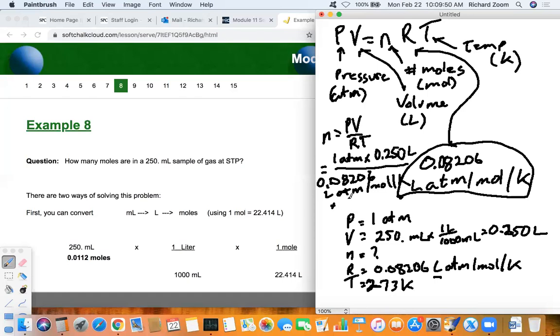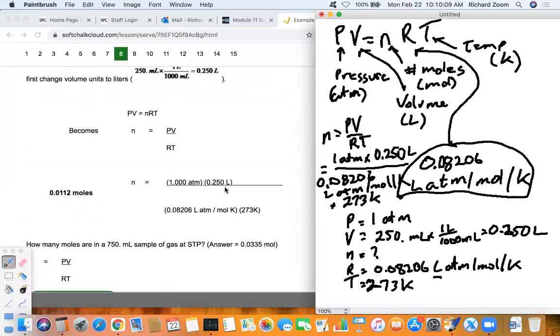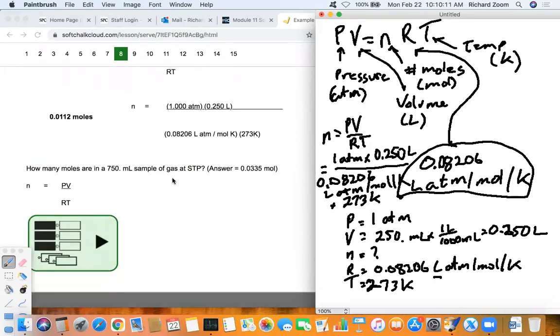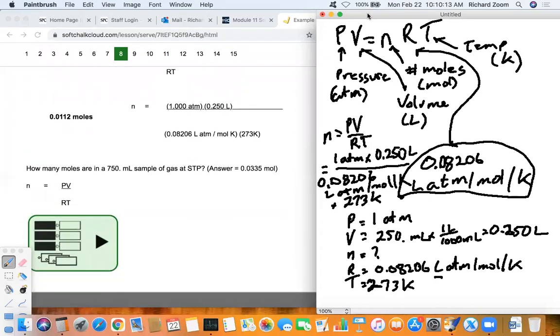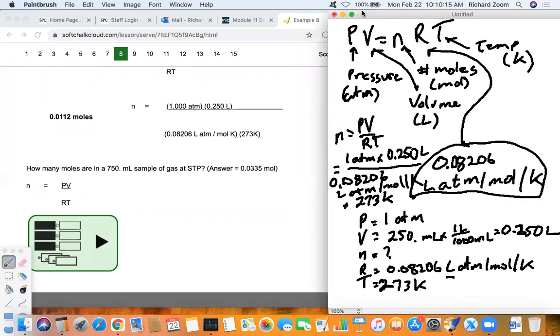And the temperature is 273 K. And what's going to happen here is all the units are going to cancel, and we're going to end up with simply moles. That's the only thing that's going to be left. So when we do that, it comes out to be 0.0112 moles would be the final answer there.